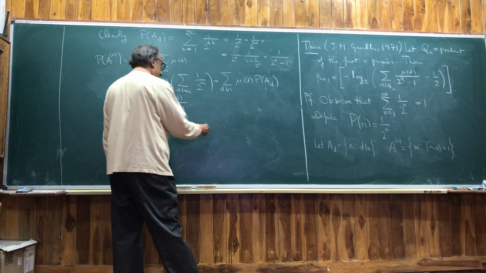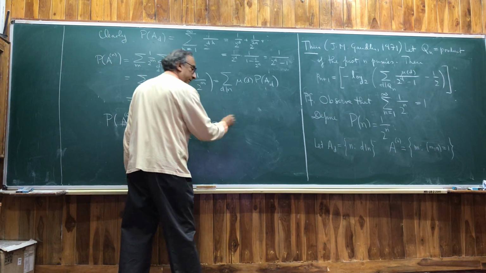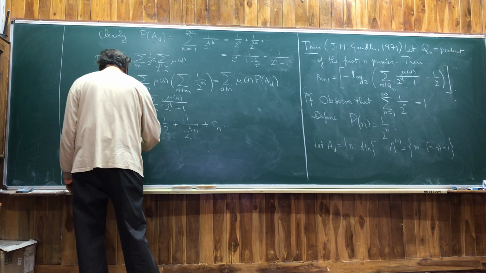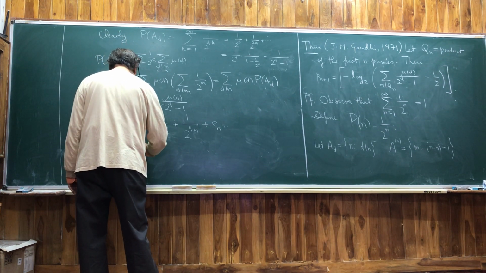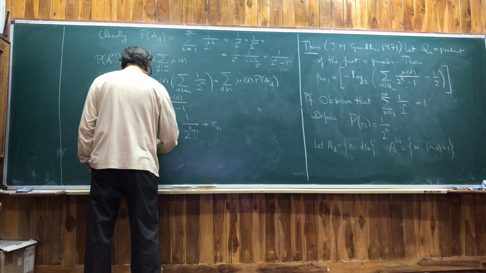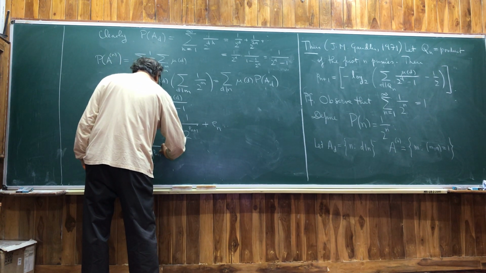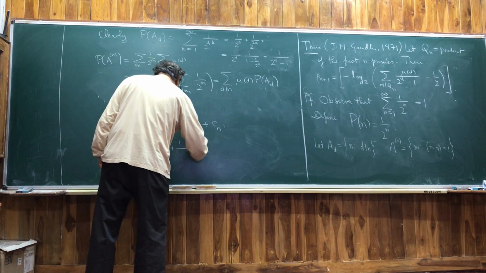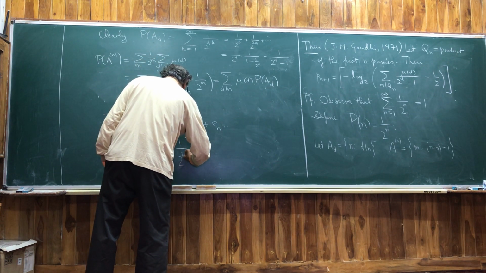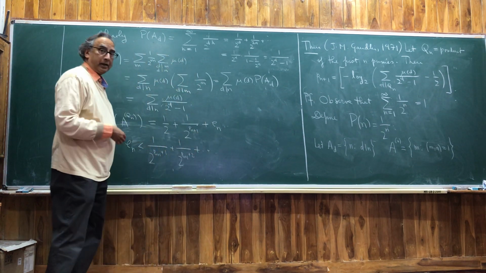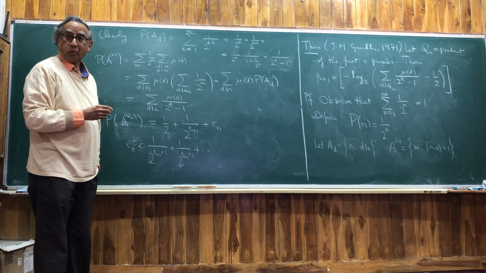But whatever it is, let's just put e sub n for the rest of this stuff. Whatever e sub n is, it is certainly less than 1 over 2 to the p sub n plus 1, plus 1 over 2 to the p sub n plus 1 plus 1, plus 1 over 2 to the p sub n plus 1 plus 2, dot dot dot. I'll overkill. I'll add everybody.